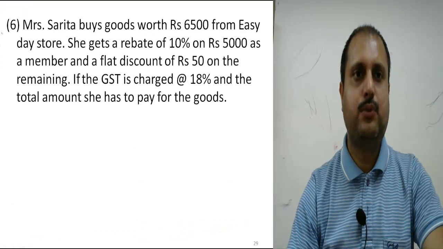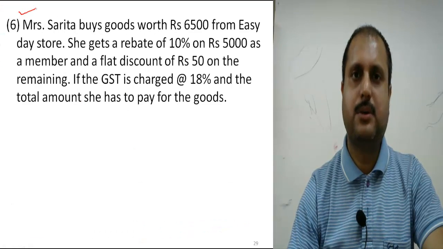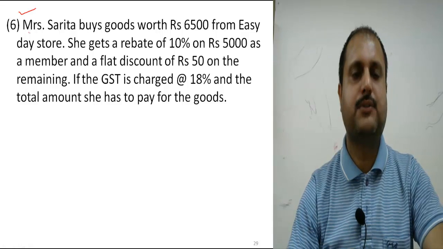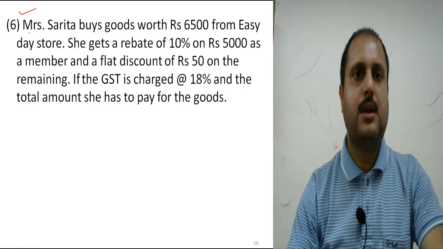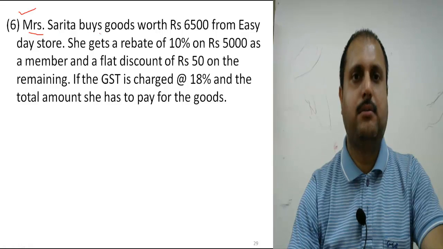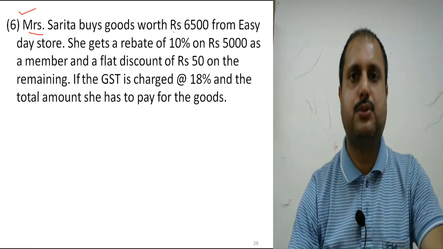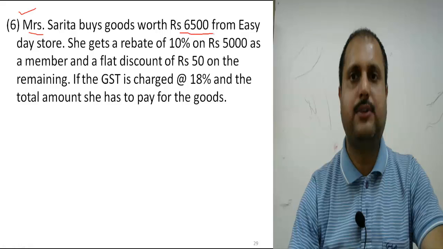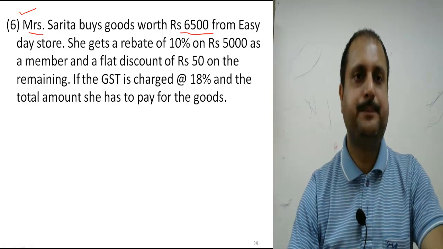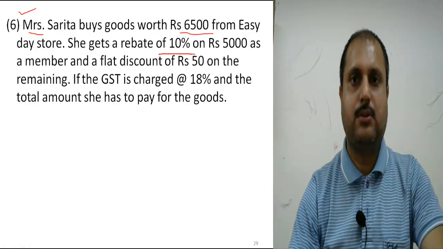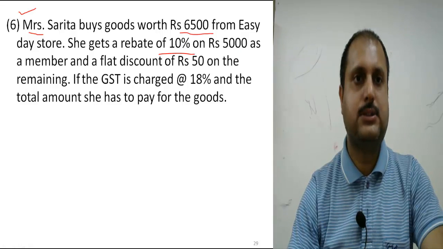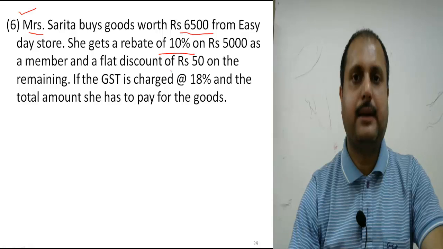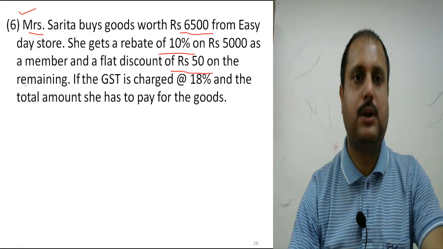So now let's move to question number 6. I hope that question number 5 is clear for everyone. Question number 6 is telling: Mrs. Sarita buys goods worth rupees 6,500 from Easy Day store. She gets a rebate of 10% on 5,000 as a member and a flat discount of 50 rupees on the remaining.